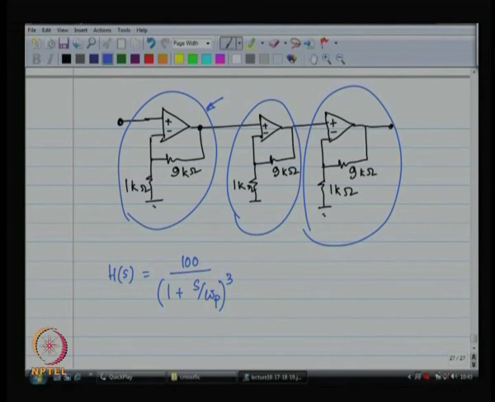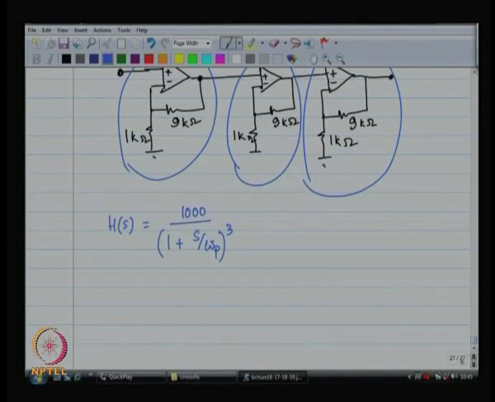All right. So, instead of this, can you arrange these 3 amplifying stages in a way that you get your pole locations differently?